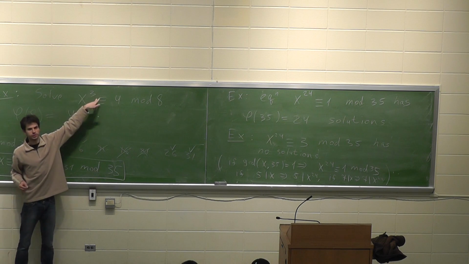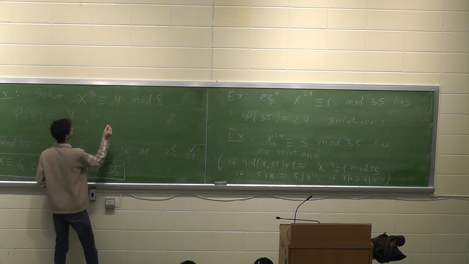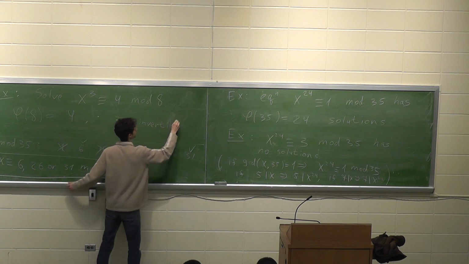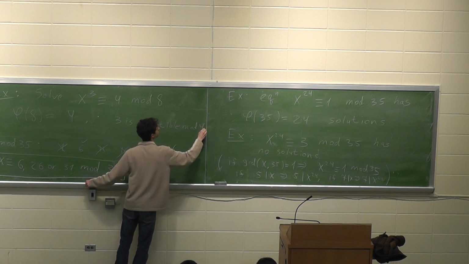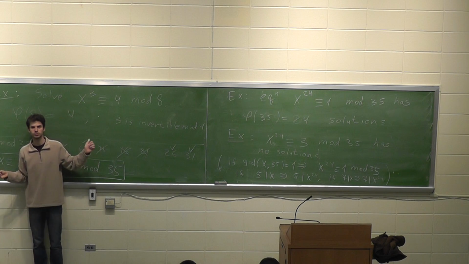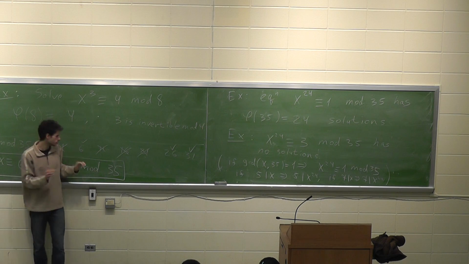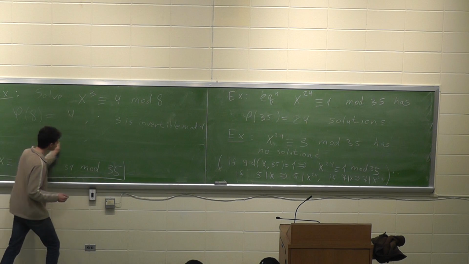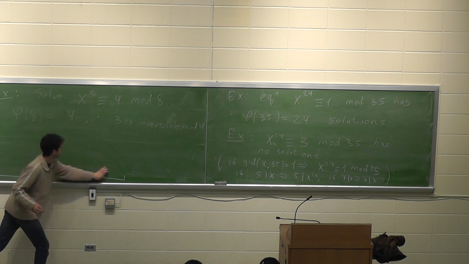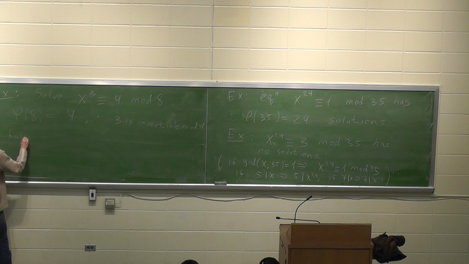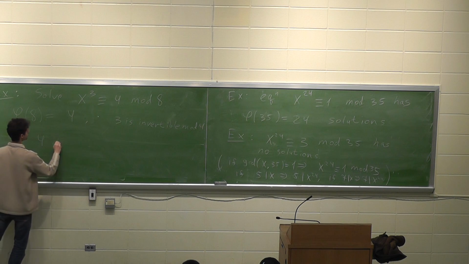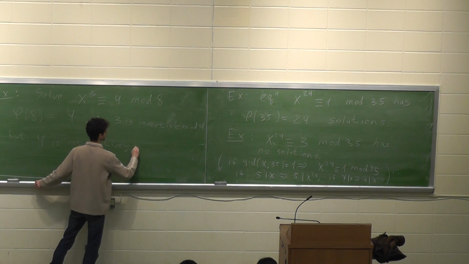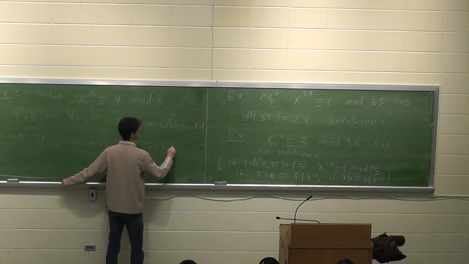This exponent is invertible modulo 4. Well, 3 is invertible modulo 4. In fact, 3 times 3 is equal to 1 modulo 4. But that's not good enough. We cannot apply Euler's theorem, because 4 is not relatively prime to 8.